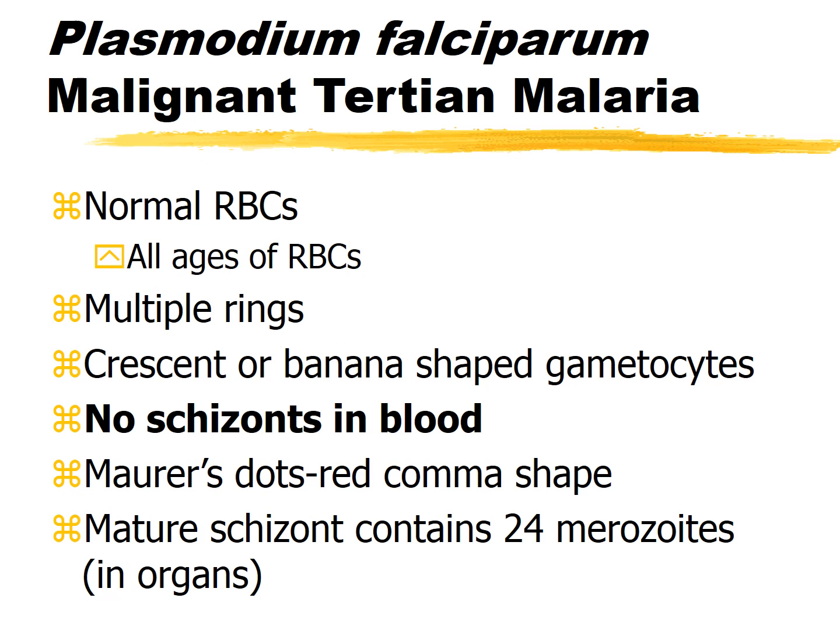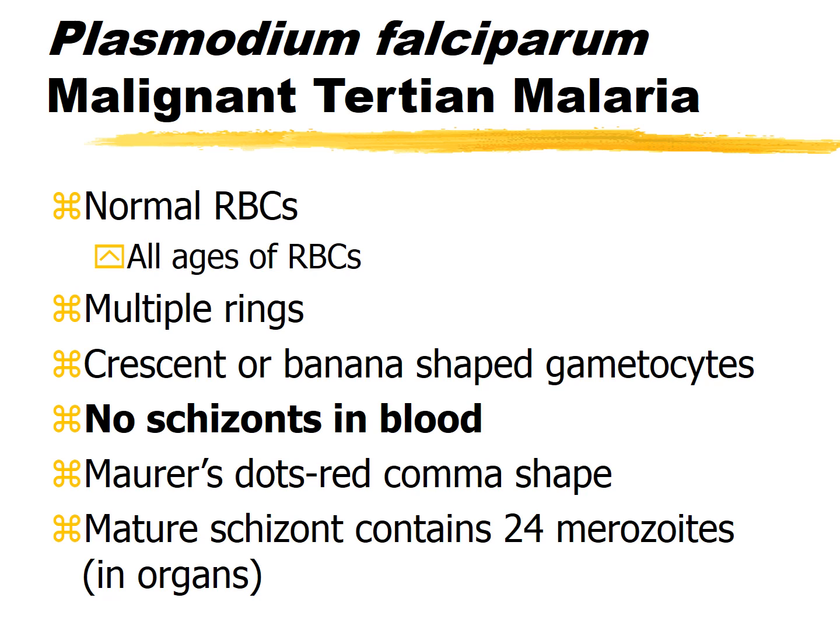Okay, so Plasmodium falciparum is called malignant tertian malaria. It affects normal red cells of all ages, so it's probably the most populated red blood cell malaria. There are multiple ring forms. It has crescent or banana-shaped gametocytes.